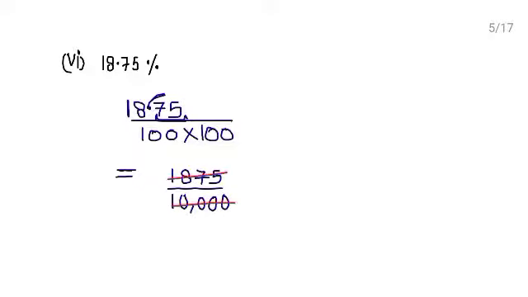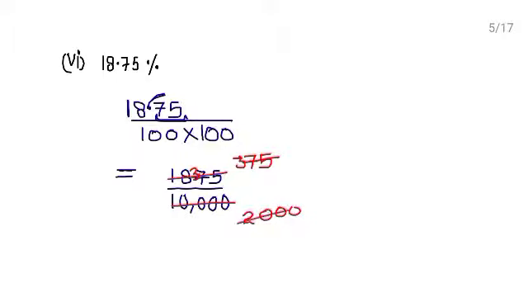Now solve it. This and this both are divisible by 5. Cut them. 5 3s are 15, 16, 17, 18. 3 is remaining here. 5 7s are 35, 2 is remaining here. 5 5s are 25. In the denominator, 5 2s are 10, 0, 0, 0.